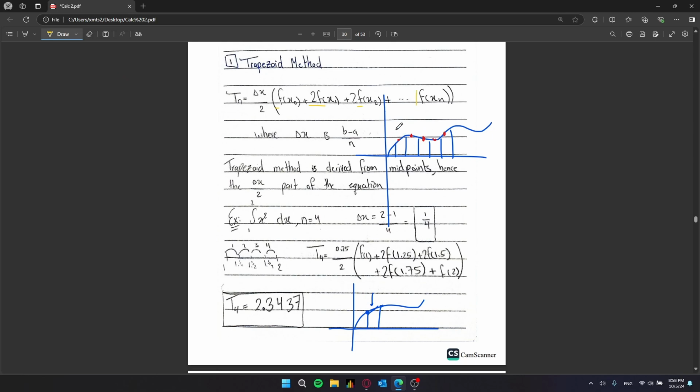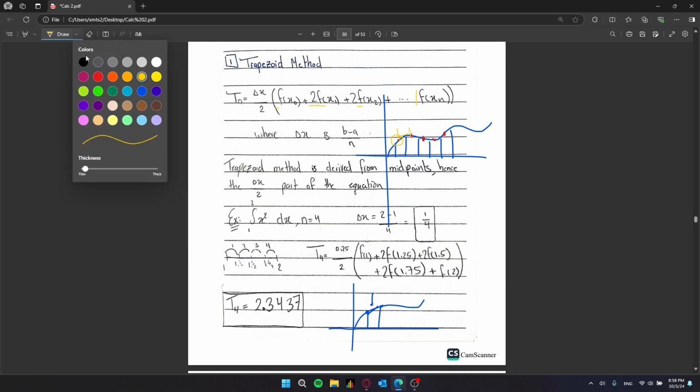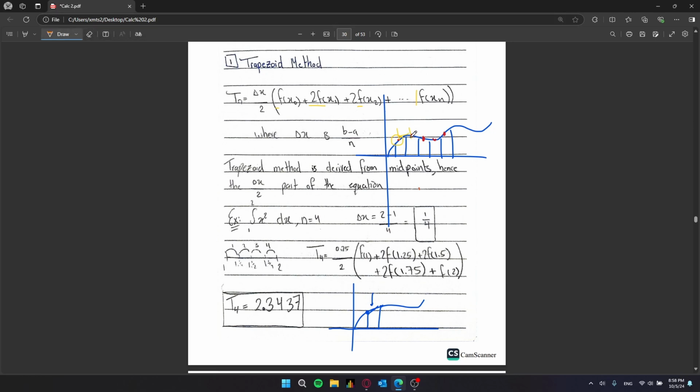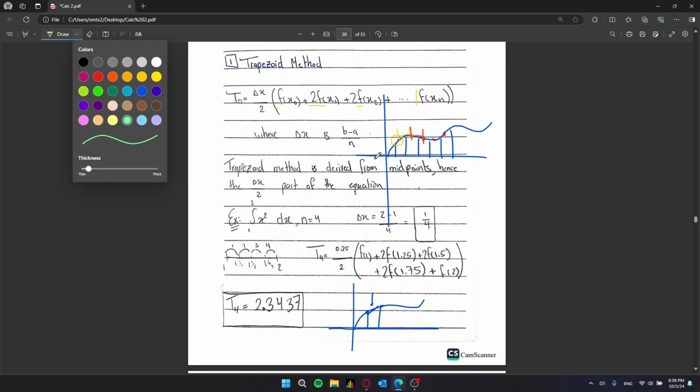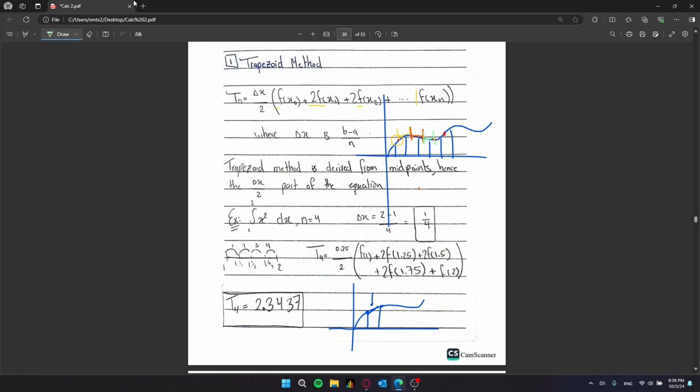You're going to use the first point once, f of x0. You're going to use the second point twice, once for the first function and again for the second function. This is why the coefficients are the way that they are.